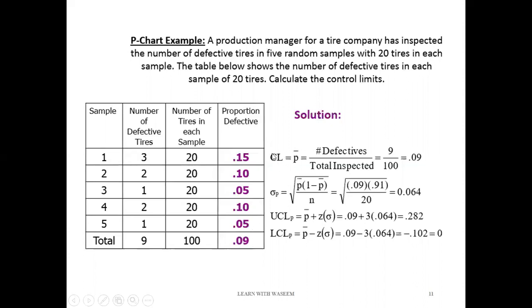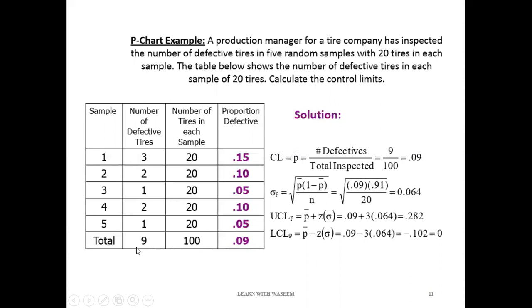So let's talk about the control limit. In the previous slide, I told you that CL is the central line. So the central line is equal to P bar, which is the total number of defectives, 9, divided by the total number of inspected units, which is 100.